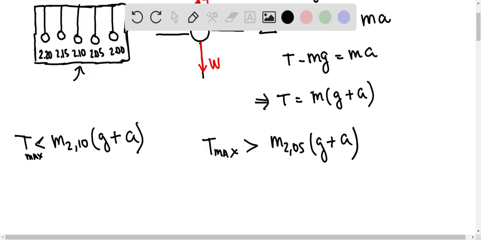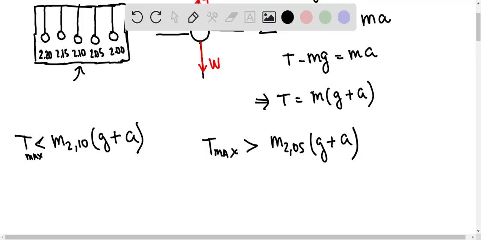Now, from this, we can solve for the acceleration, because we are being asked what is the range of the elevator acceleration.